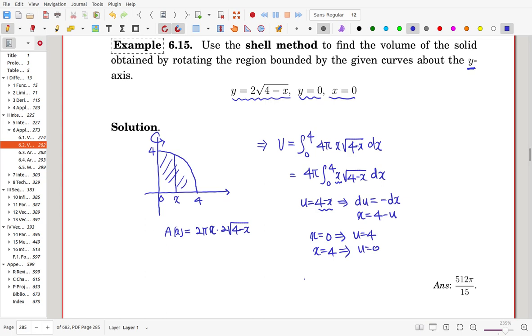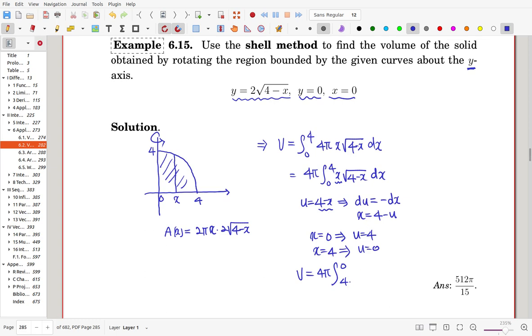So the given volume integral is the same as 4 pi times the integral from 4 to 0. Now we are integrating with respect to u, so the corresponding value for u at the bottom is 0 and the upper bound is 4.